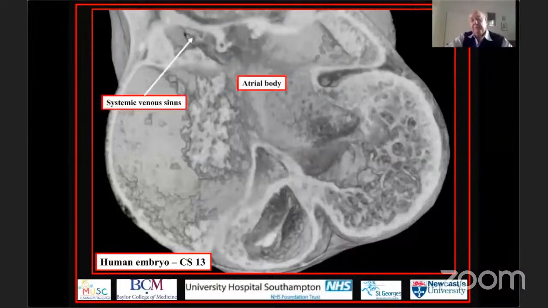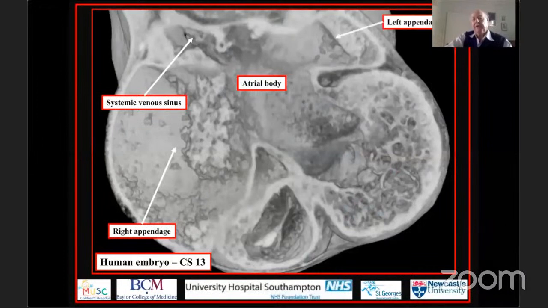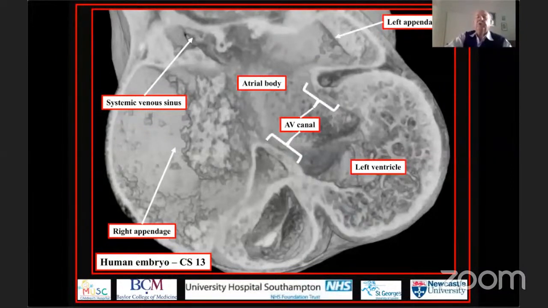There now you see the body of the atrium. The systemic venous sinus is now delimited by venous valves, and we can very nicely see how the ballooning has given us a right atrial appendage and a left atrial appendage, but at this early stage, the atrioventricular canal is attached only to the developing left ventricle.